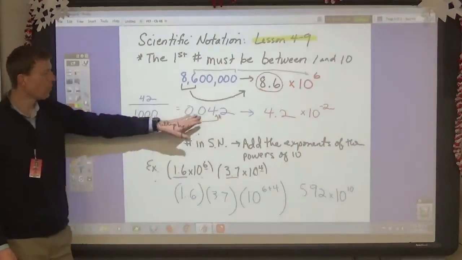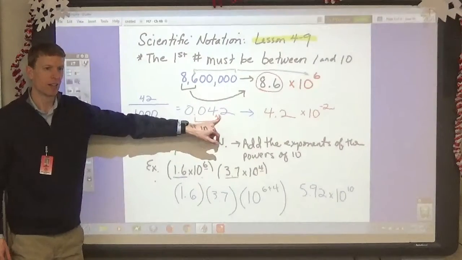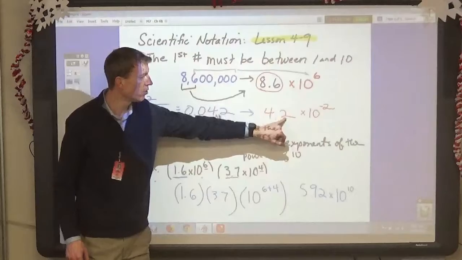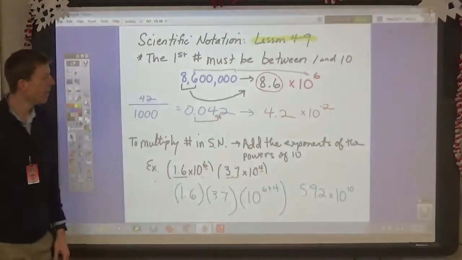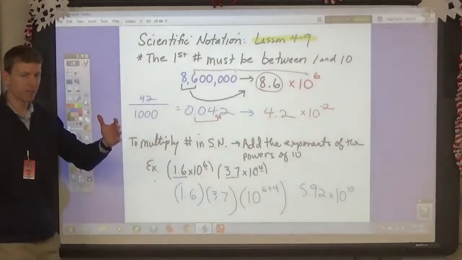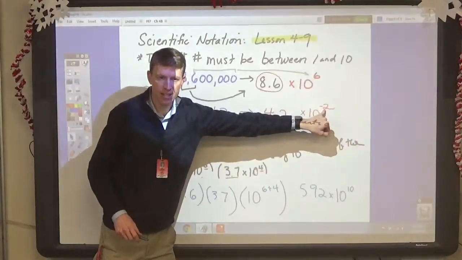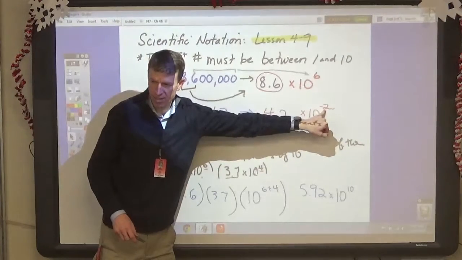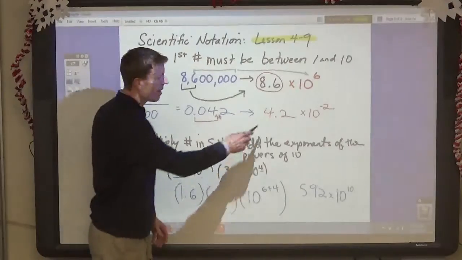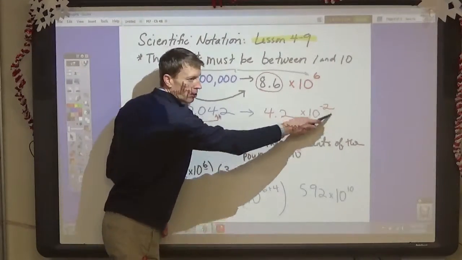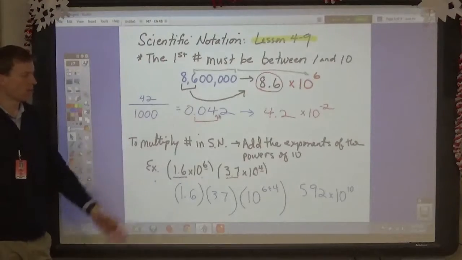In other words, we're starting with a really small number, 42 thousandths, and writing it as 4.2 times 10, but that power of 10 is not 1,000, it's 1,000th. It's a negative exponent. If you wrote this as a positive exponent, that would mean that this 4.2 would have to multiply by 1,000. And that's like 4,200.